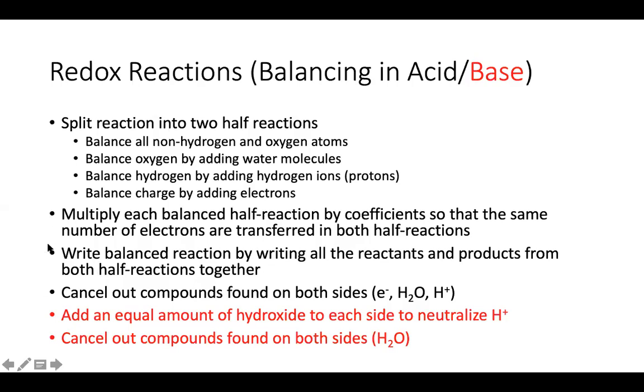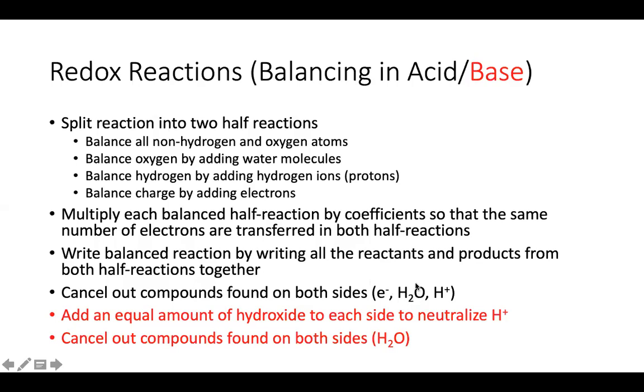Okay. After you've done that and the number of electrons in each half reaction are the same, you're going to write your overall balanced equation, right? So you're going to take your 2 half reactions and write all your reactants on one side going to all your products, right? You're just combining them. And after you combine them, you're going to cancel out components found on both sides. Okay, so most of the time, you need to cancel electrons, which should cancel completely always.